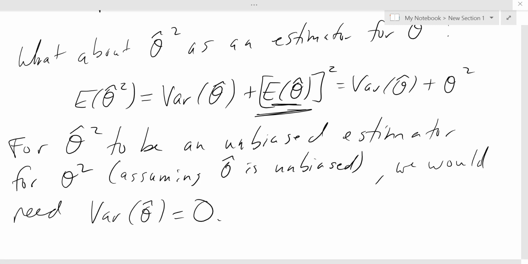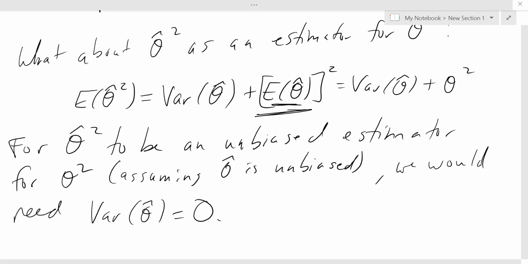Well, think about what would have to happen in this particular scenario. Think about what would have to happen for the variance of your theta hat to be 0. It would be exactly the same as the mean. It would have to be the same number every single time, right? Remember, how did we construct our theta hat? You first took a random sample and then took its mean.